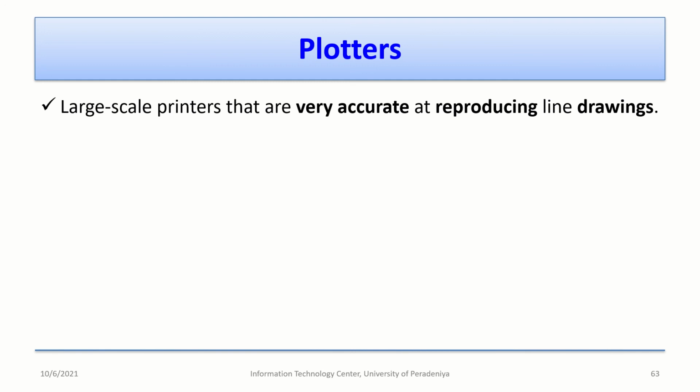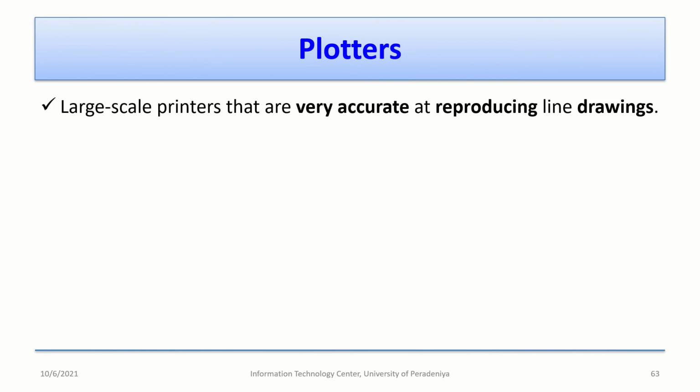In plotters, they use large scale printers that are very accurate at reproducing line drawings. This is the special point of plotters. In building plan drawings, they need very accurate measurements, and in that case we can use plotters.